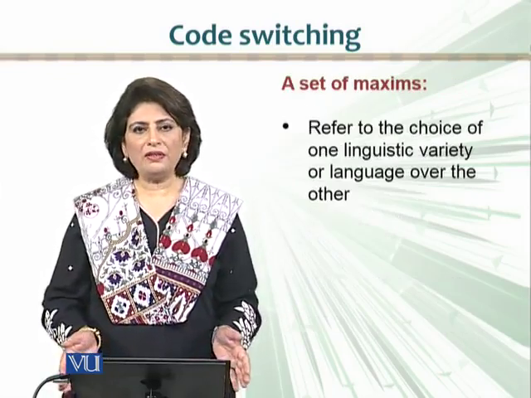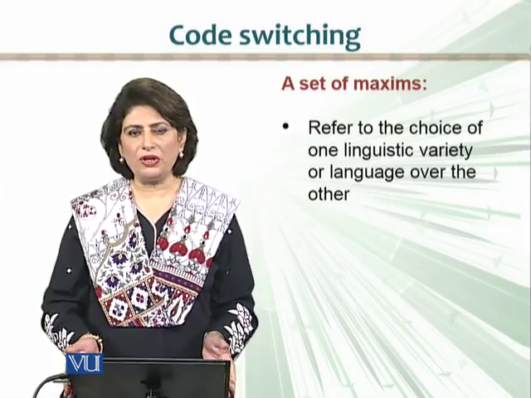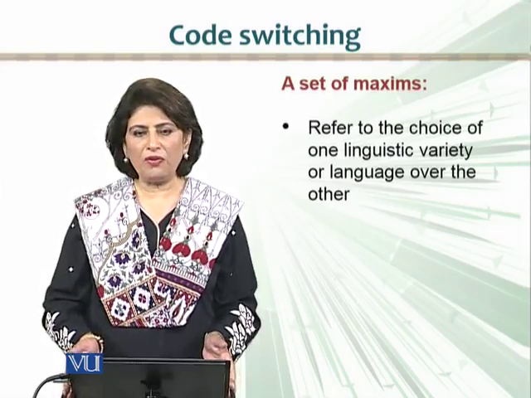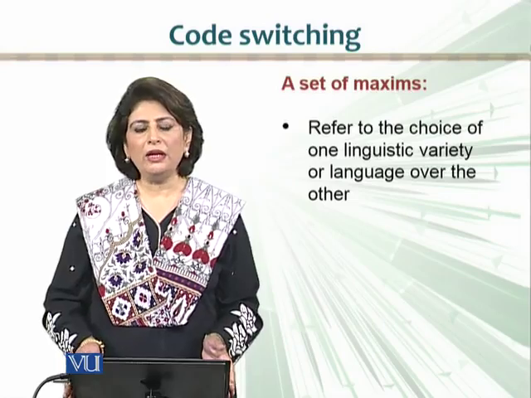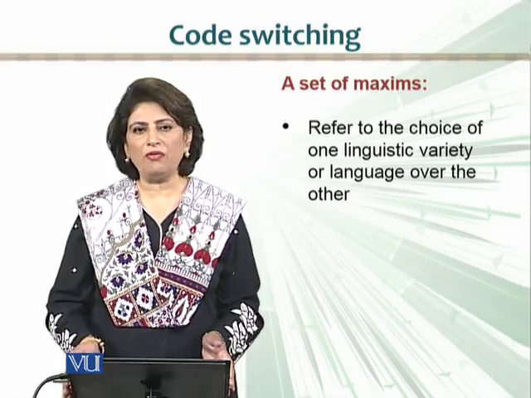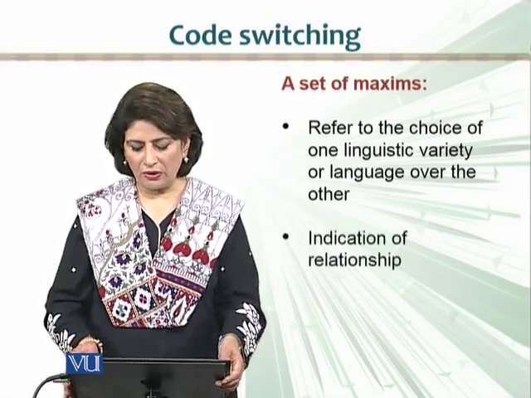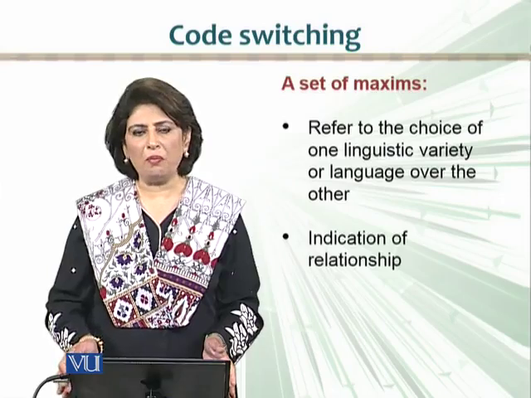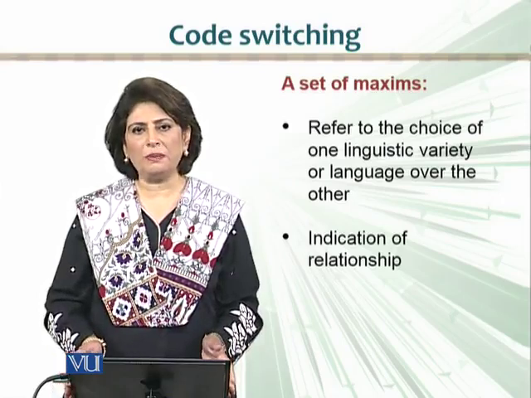So what are the set of maxims when we are talking about this negotiation principle? We are saying that we refer to the choice of one language over the other, or one variety of language over the other, based on our relationship at the given moment in the given context with the speaker.